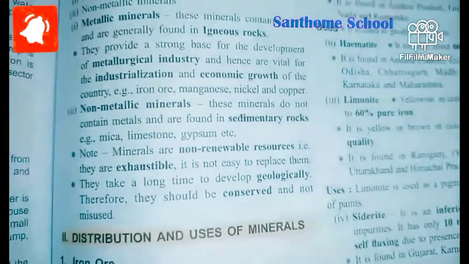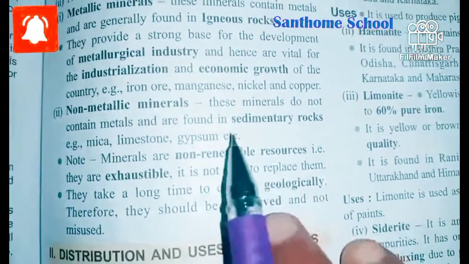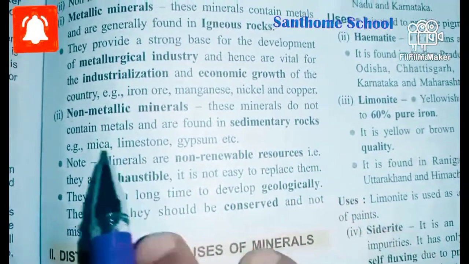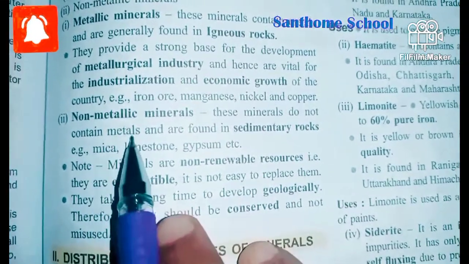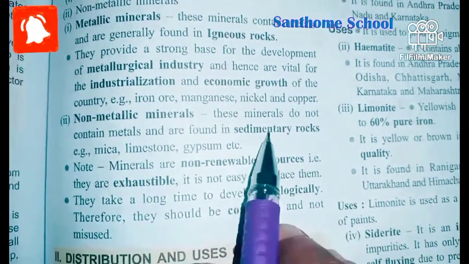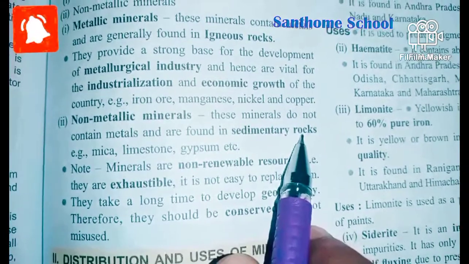The second type of minerals are non-metallic. As the word suggests, they do not contain metals and are mostly found in sedimentary rocks.